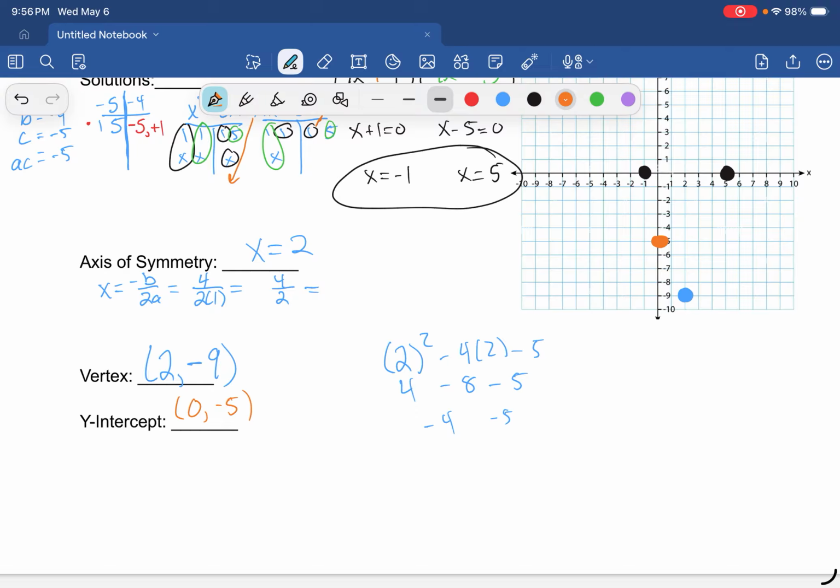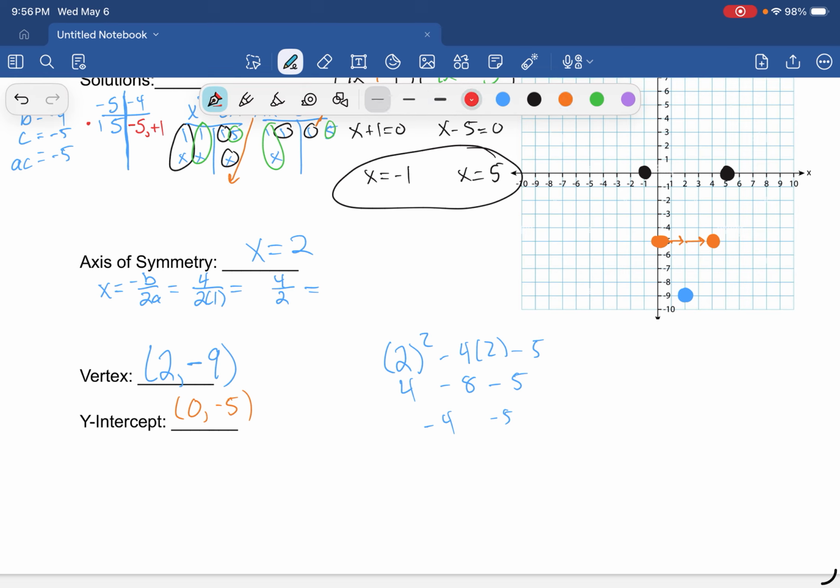My y-intercept is my 4th point. And rather than do any math, I am just going to reflect it. So I would go 2 lines to the right to get to my vertex. That means I'm just going to keep going. So my 5th point, the reflection of the y-intercept, is going to be right there.